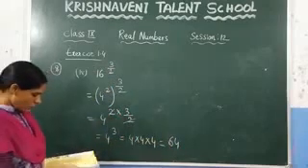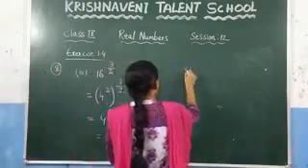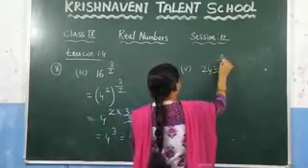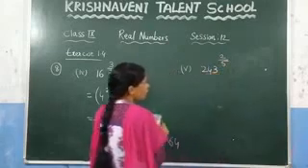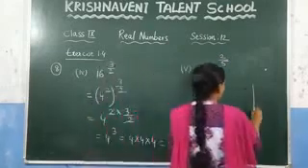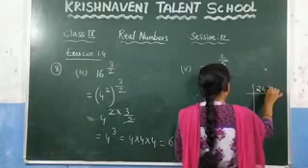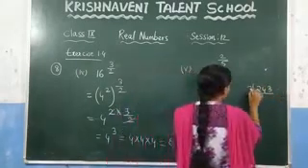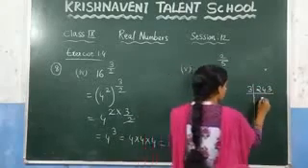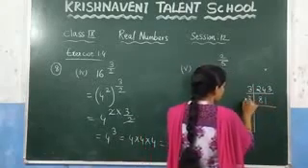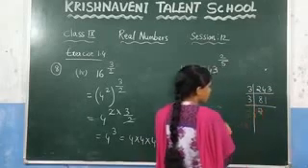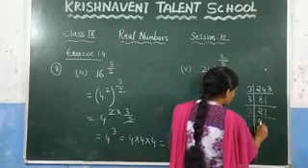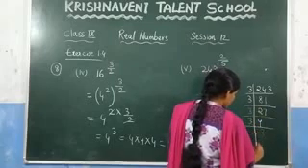Now see one more. Here the fifth one, 243 power 2 by 5. Again you need to find the prime factorization for 243. It is divisible by 3: 3 twos are 6, 3 sevens are 21, 3 nines are 27, 3 threes are 9, and 3 ones are 3.